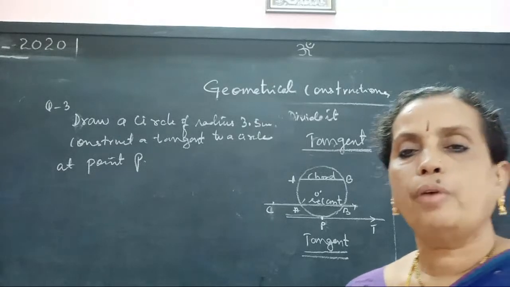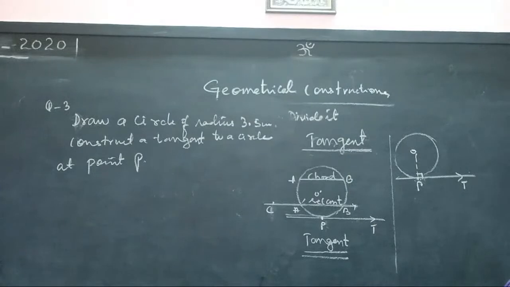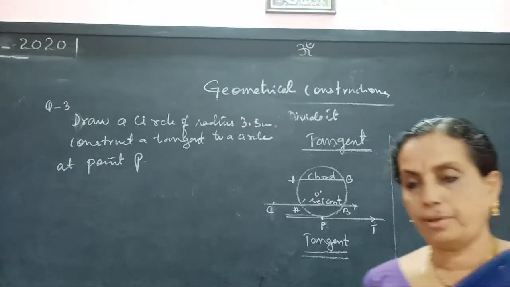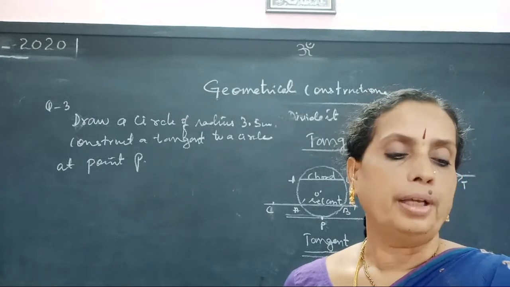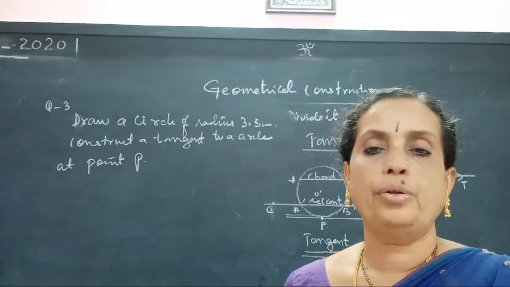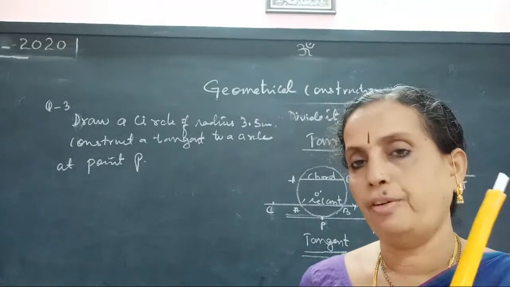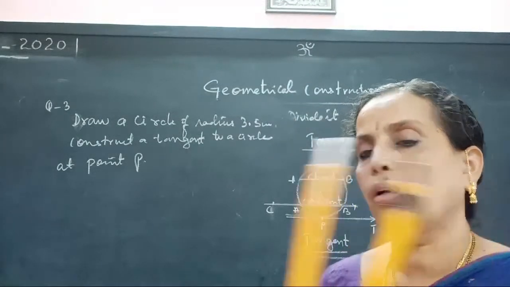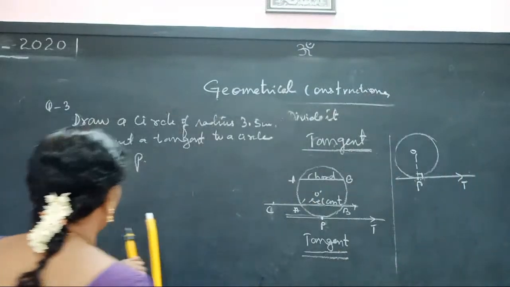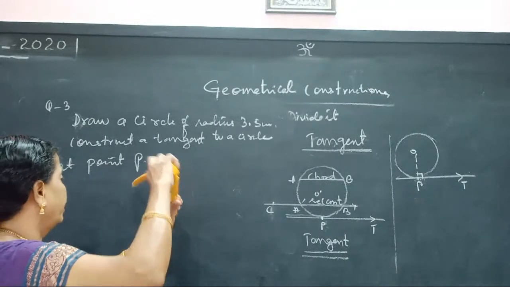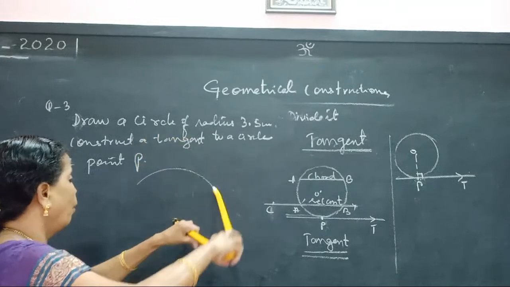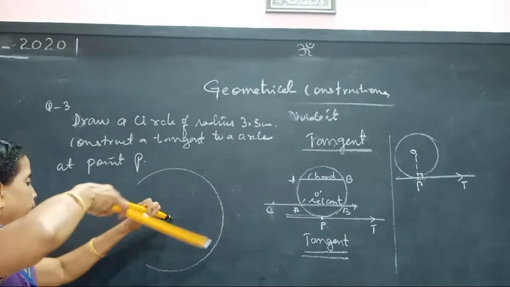Now use your compass. Draw a circle of radius 3.5 centimeter in your unruled notebook. I hope everybody is having an unruled book.